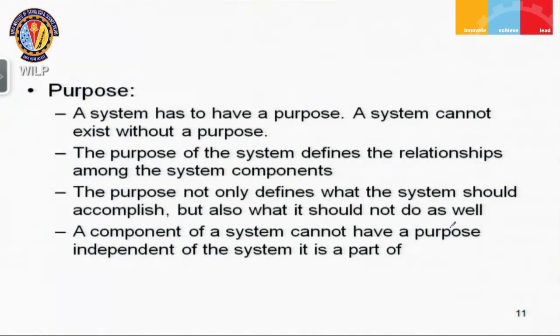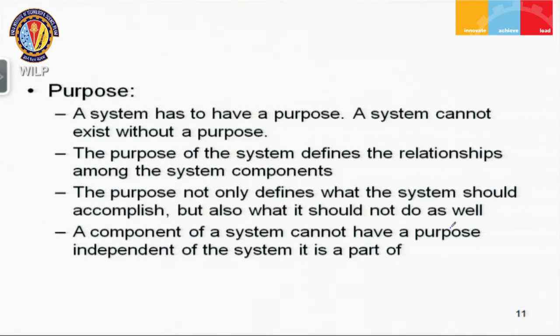So in order for us to really be talking about a system, we need to consider an objective or a purpose. The purpose of this system actually defines the relationships among the system components, because how else would the system components interact with each other?